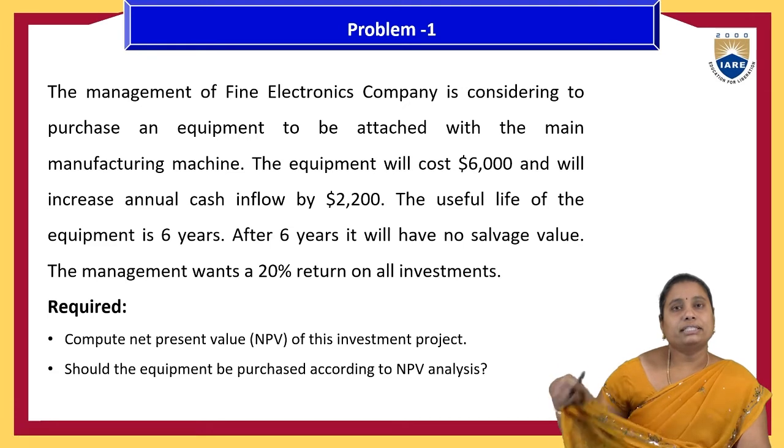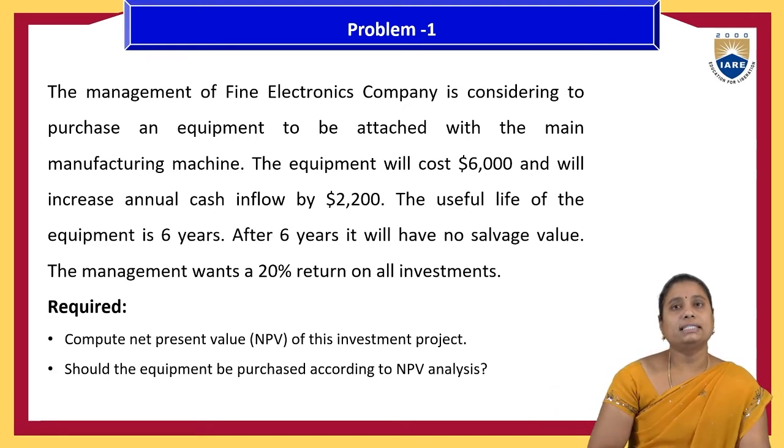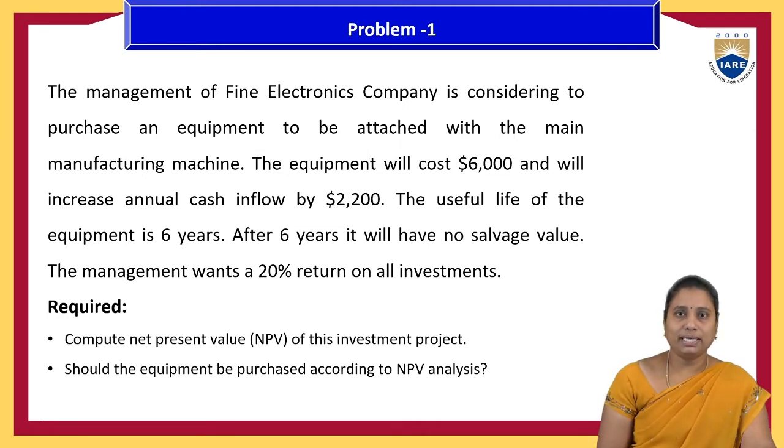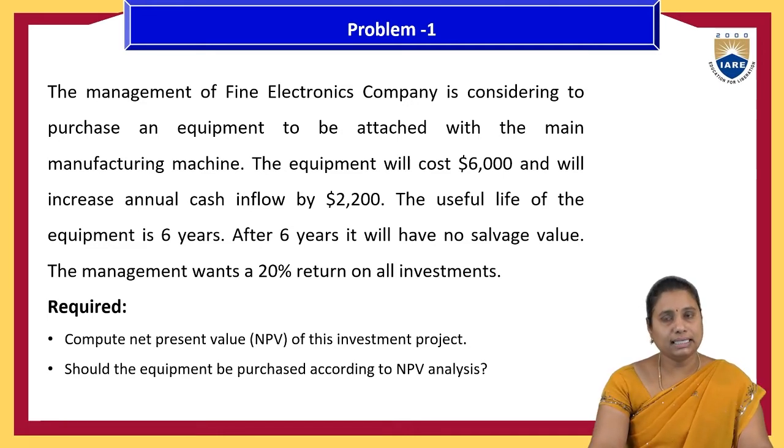Let us have the discussion on this one. The first problem: the management of Fine Electronics Company is considering purchasing an equipment to be attached to the main manufacturing machine. The equipment will cost 6,000 and will increase the annual cash inflow by 2,200. The useful life of the equipment is 6 years.